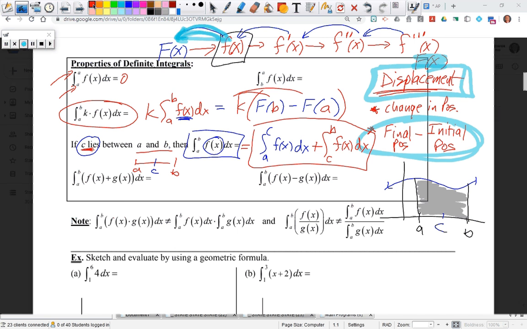He said this blue area is this, and this red area is from C to B. And if I add them up together, it's the same as going from A to B. Do you go farther than that though? Like how we did up there, where f of b minus f of a? You can, but from what this is asking, it's just making sure that you understand that C can be in between, and you can break one big area into two smaller areas.